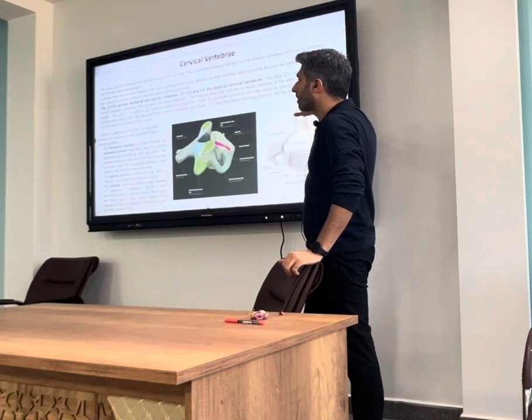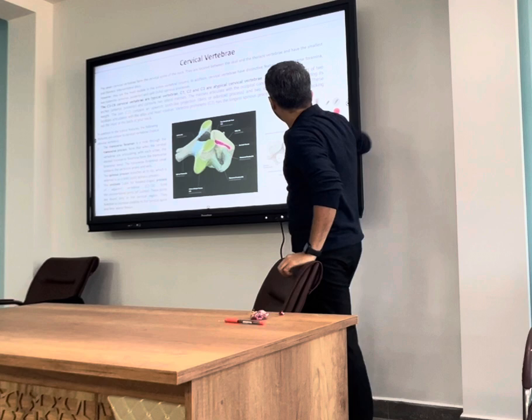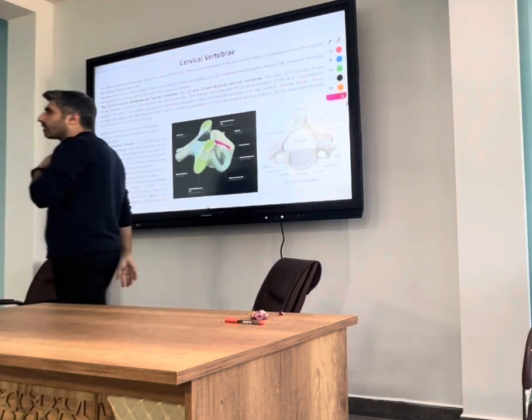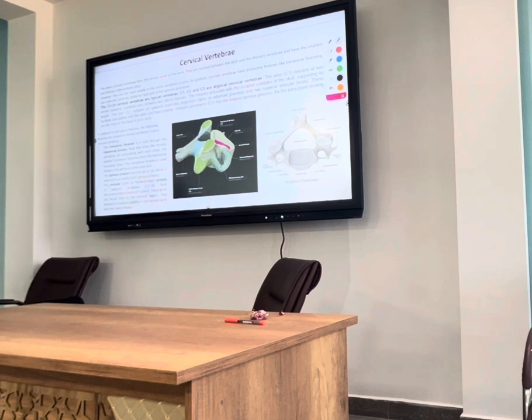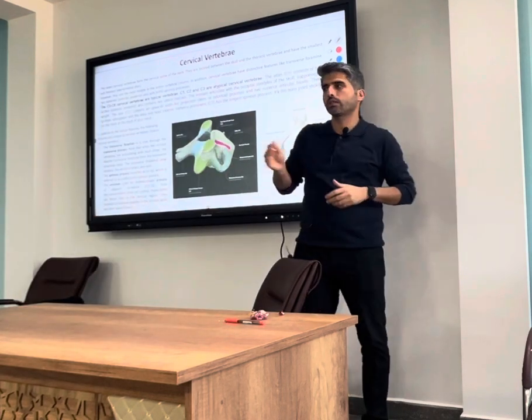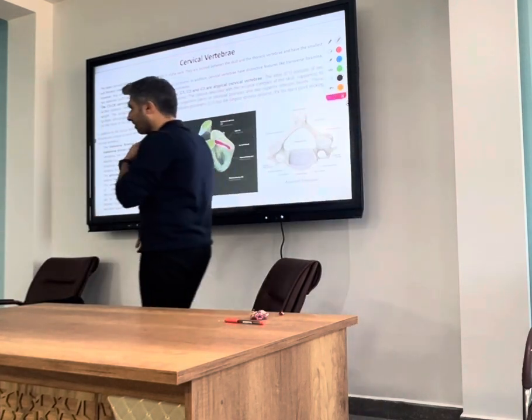We start with the cervical region. Cervical vertebrae: we have 7 bones, and we show them by C, because they are cervical. C1, C2, C3, C4, C5, C6, C7.